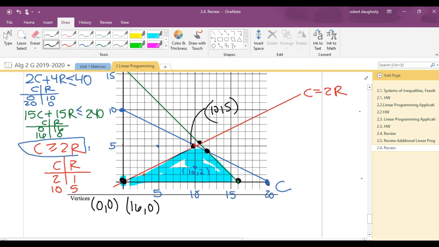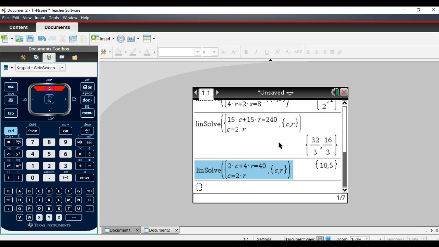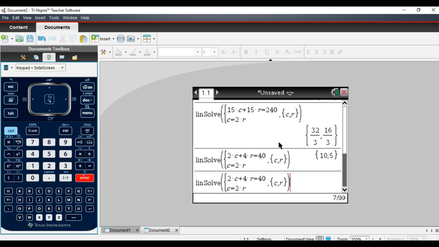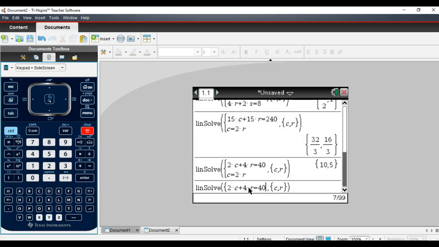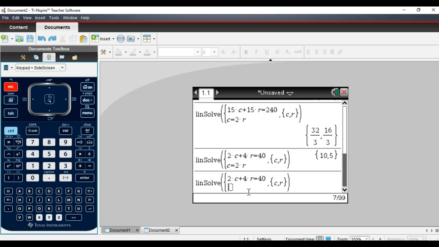And then where do the green and the blue lines intersect? So go back to my calculator. I'm just going to reuse that calculation. So I just need to re-input this one. So 2C plus 4R equal 40.